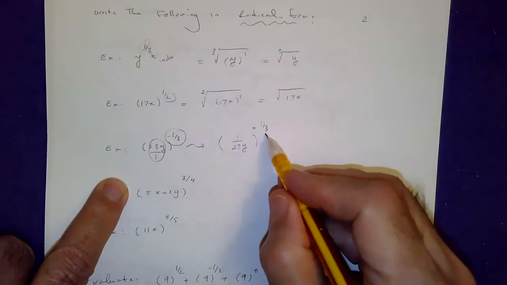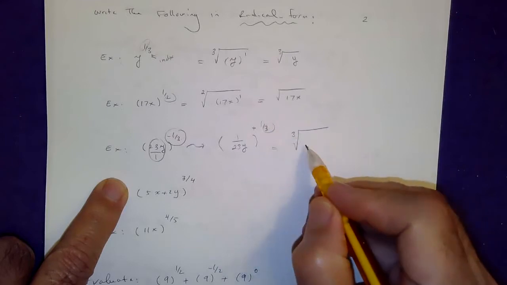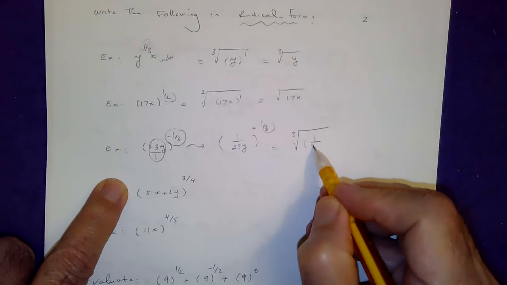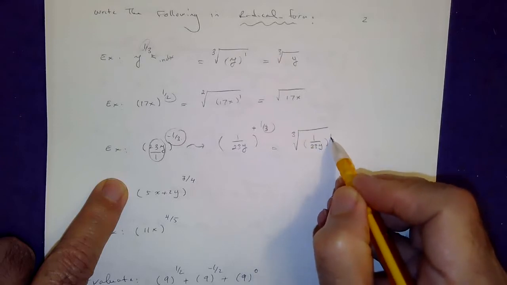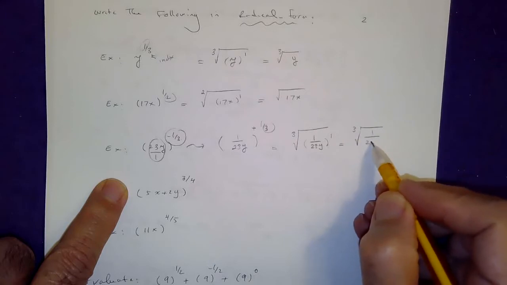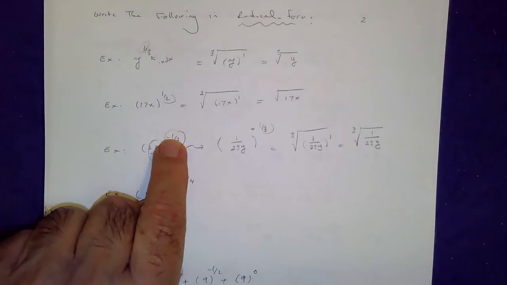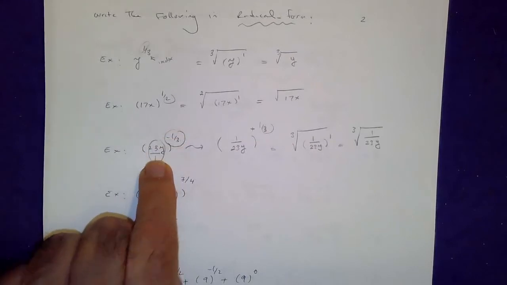But now that you have a positive exponent, remember this is your index. So the answer is 1 over 23y to the first power, which is the cube root of 1 over 23y. So if you have a negative exponent, first you gotta flip this.